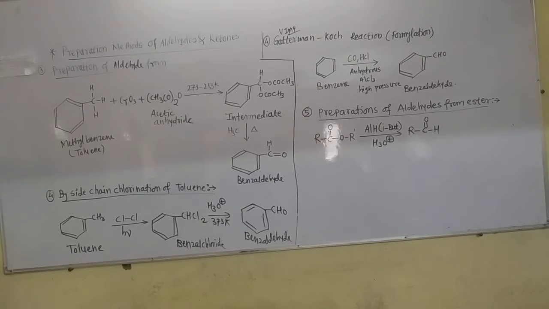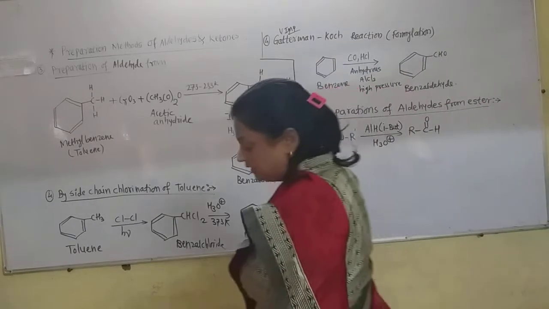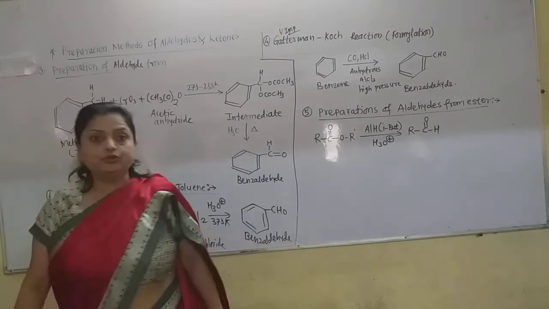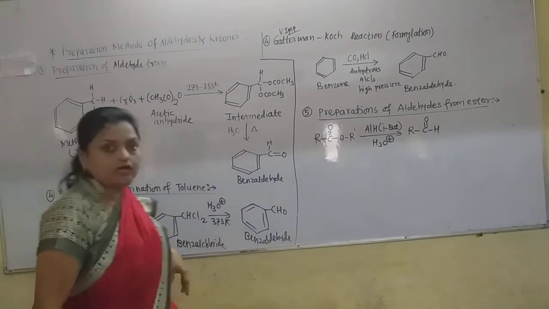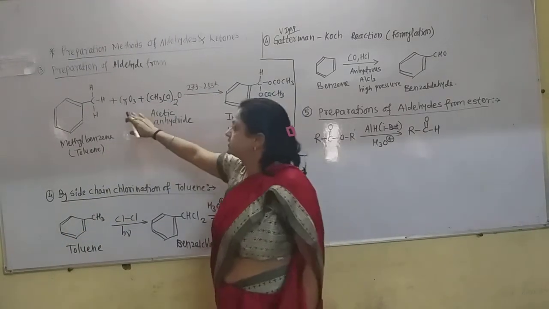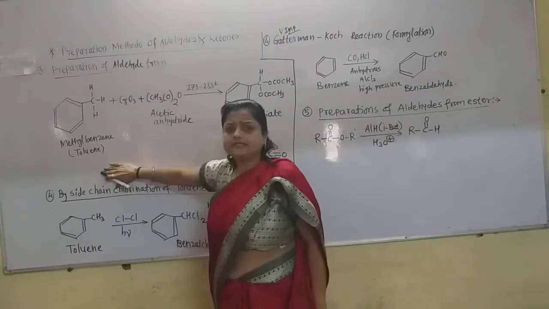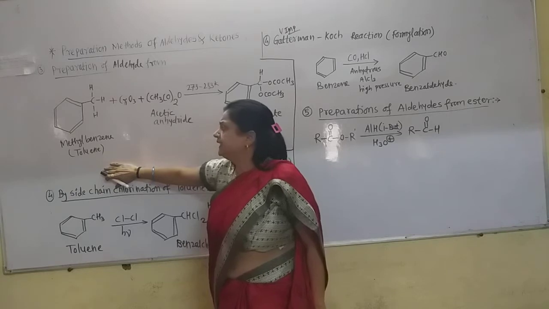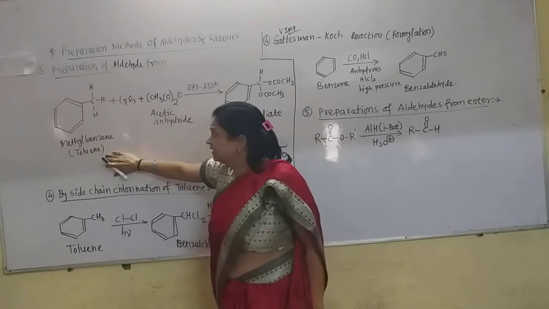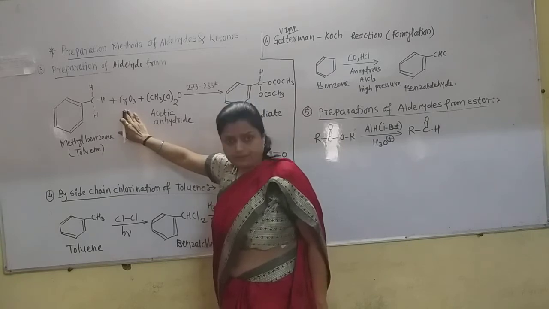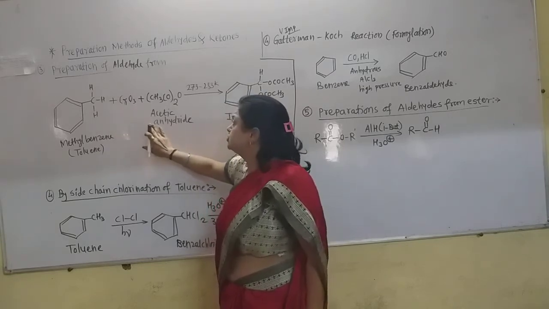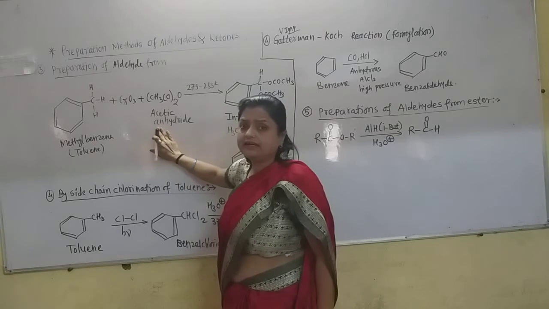of aldehyde from the hydrocarbons. But in this, the oxidizing agent used is the chromic oxide, CrO3. Same reagent type, same hydrocarbon, methyl benzene or toluene, when on oxidation with this chromic oxide in the presence of acetic anhydride.